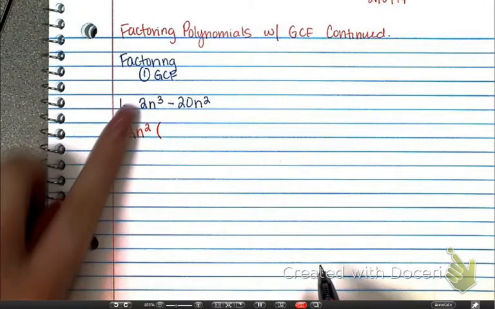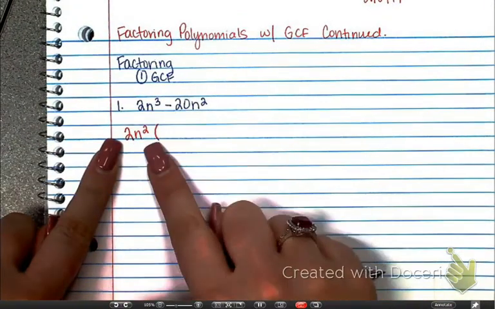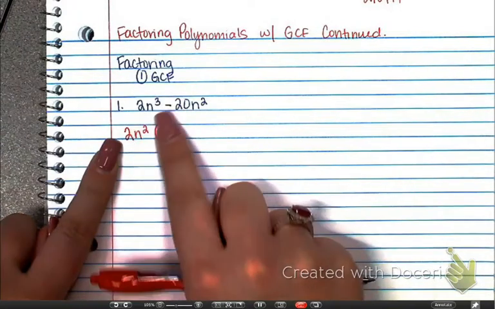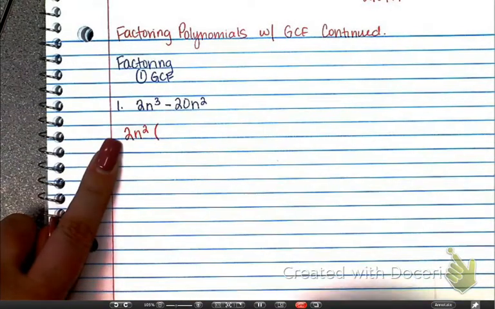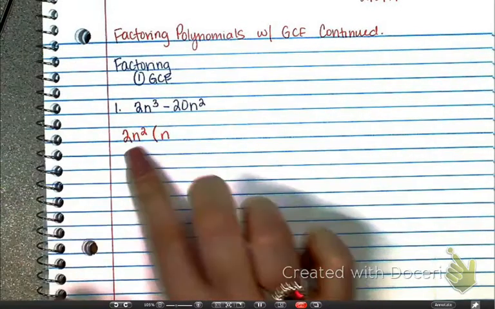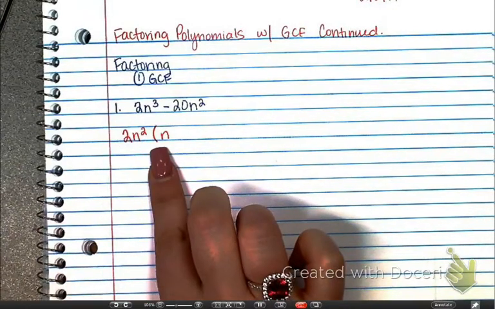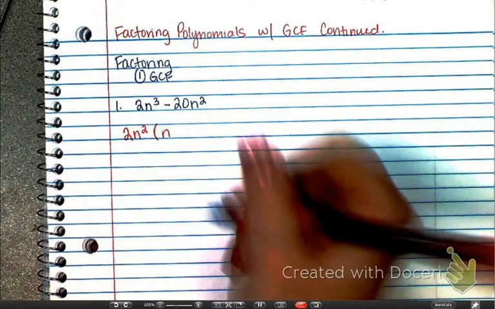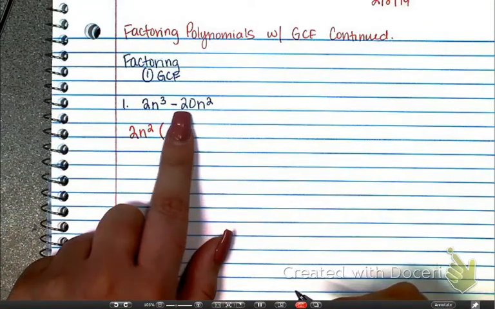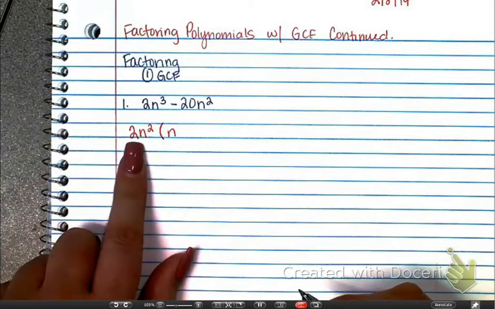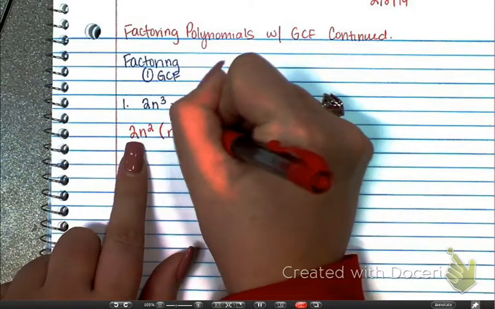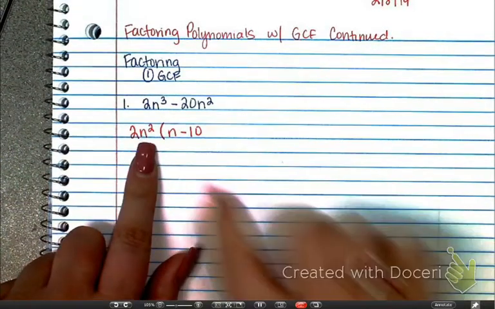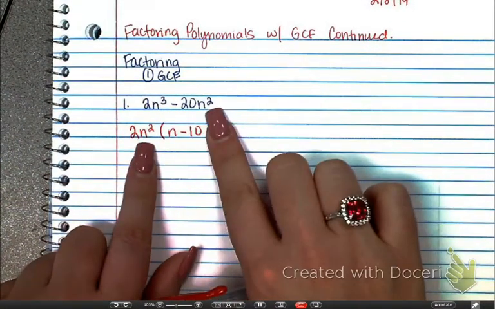If I took out the 2 and I took out 2 n's, what's left over from this term? An n. Because if I multiply those back together, 2n squared times n is 2n to the third. Now, what's left over here? Negative 20 divided by 2 is negative 10. And I took out n squared. Are there any n's left?